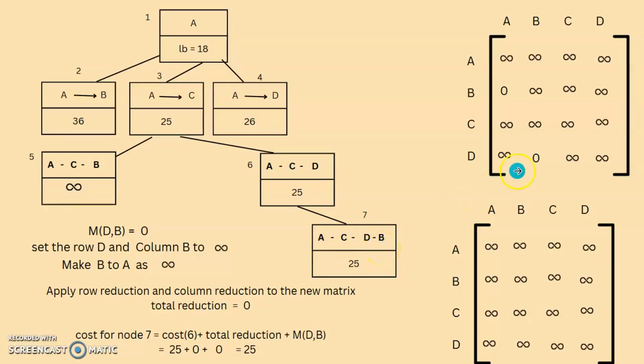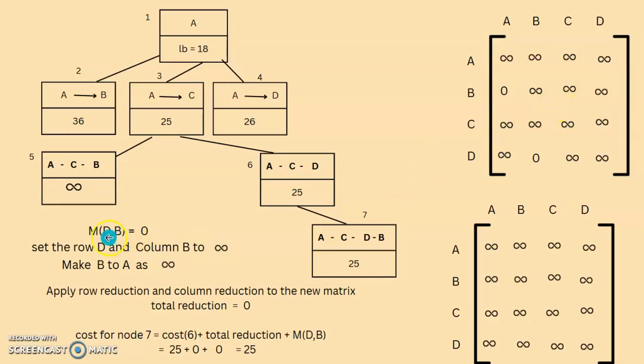Now this matrix, what we got it after row reduction and column reduction in the calculation of A to C and C to D, this matrix has to be used as reference here. That is a very important point. Okay, so in this calculation A to C and C to D, the matrix you got after row reduction and column reduction is going to be used as reference matrix here.